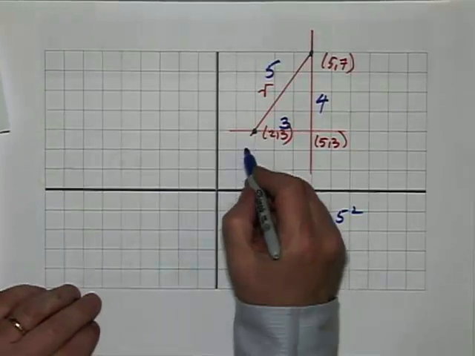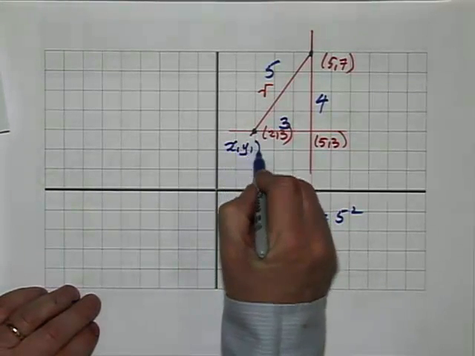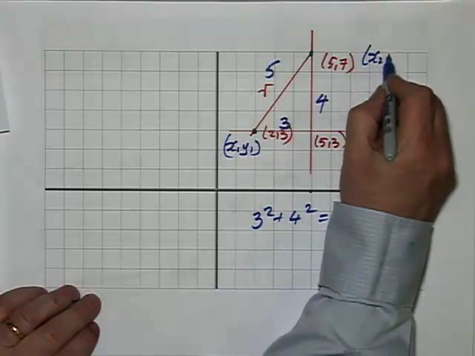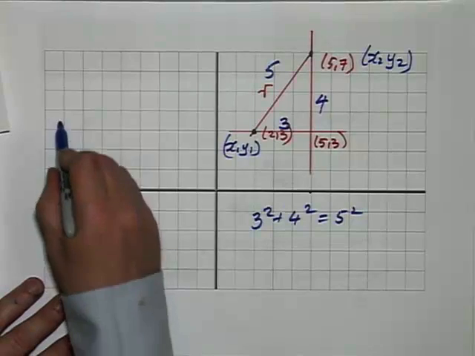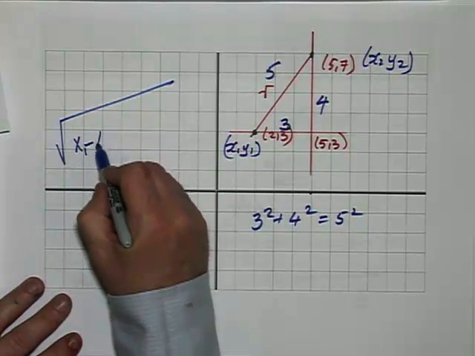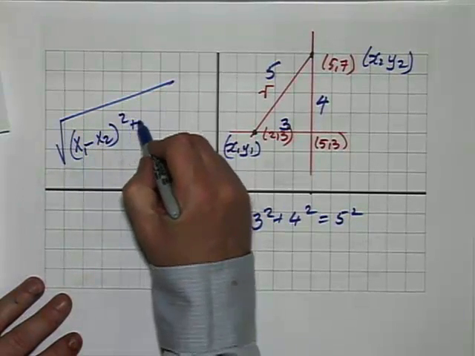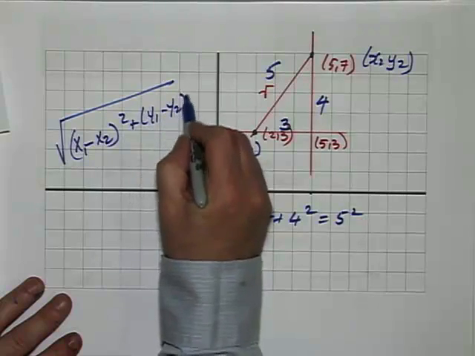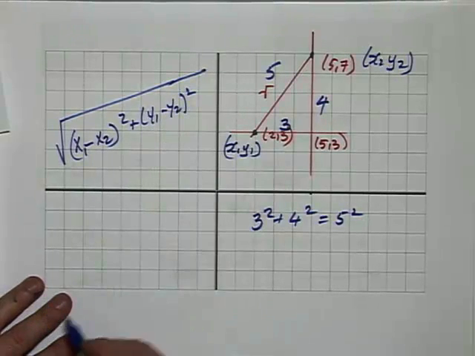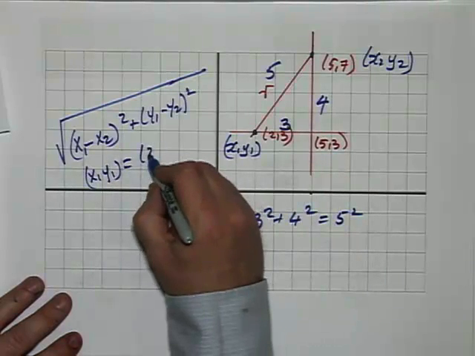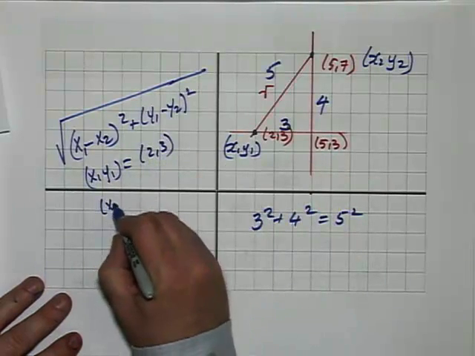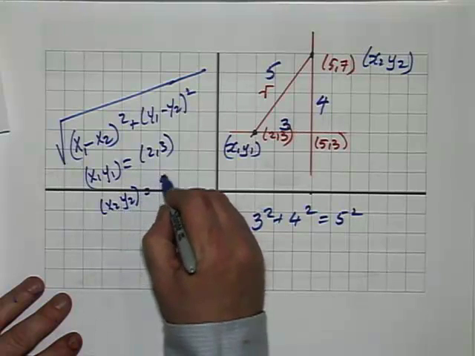How would we have done it? We probably would have said we now have a point x1, y1. We have a point x2, y2. And we would have used the formula for the length. The length is the square root of x1 minus x2 squared plus y1 minus y2 squared, where x1, y1 was given as 2, 3, and x2, y2 was given as 5, 7.